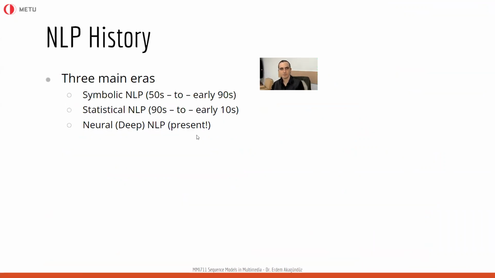Okay. So most of the scientists, when trying to understand NLP, categorize it into three main eras. The first years, when NLP emerged in the 50s, the first computer scientists tried to model languages as a sort of automata.